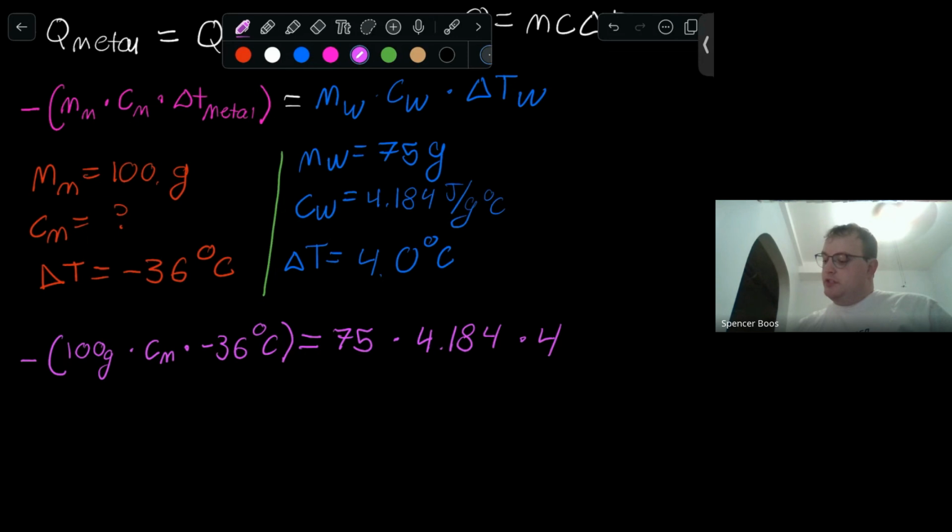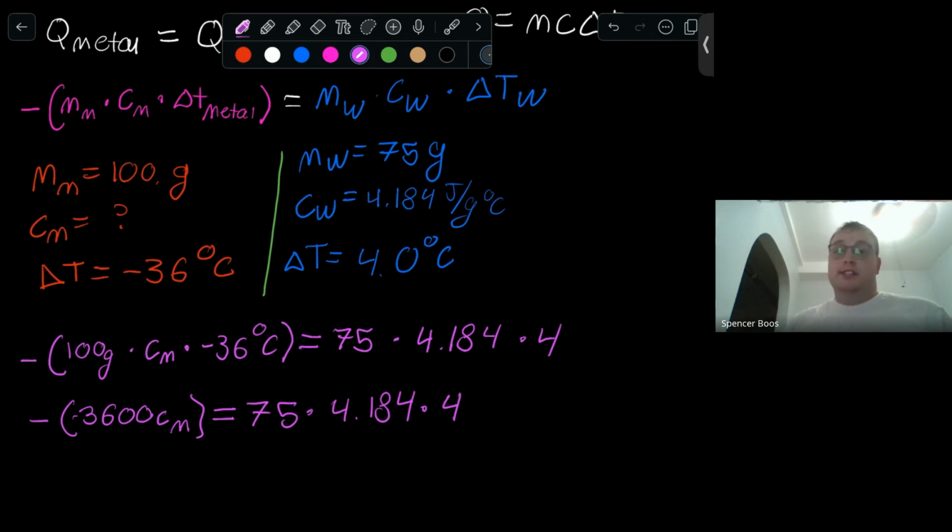The first thing I'm going to do is multiply the numbers on the inside of the parentheses. So we've got the negative quantity of negative 3600 times Cm, and this is equal to 75 times 4.184 times 4.